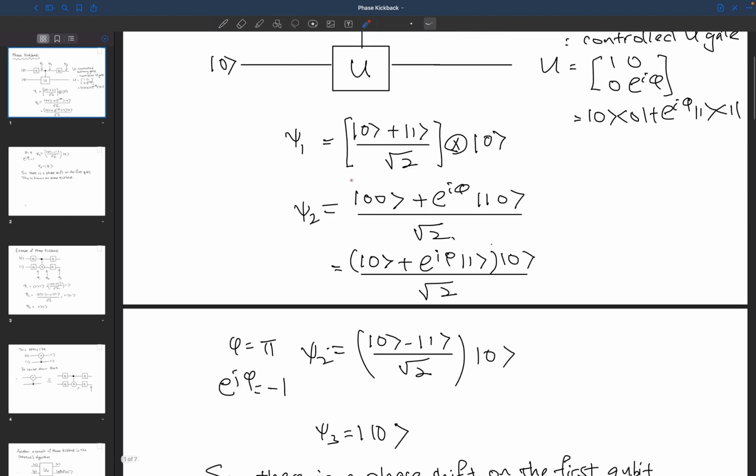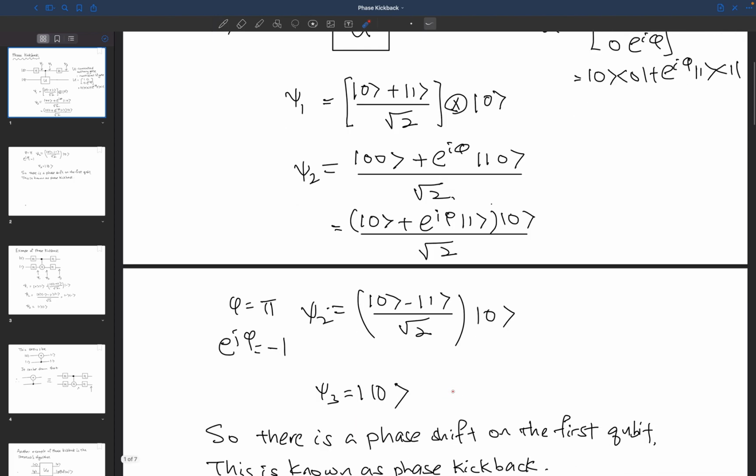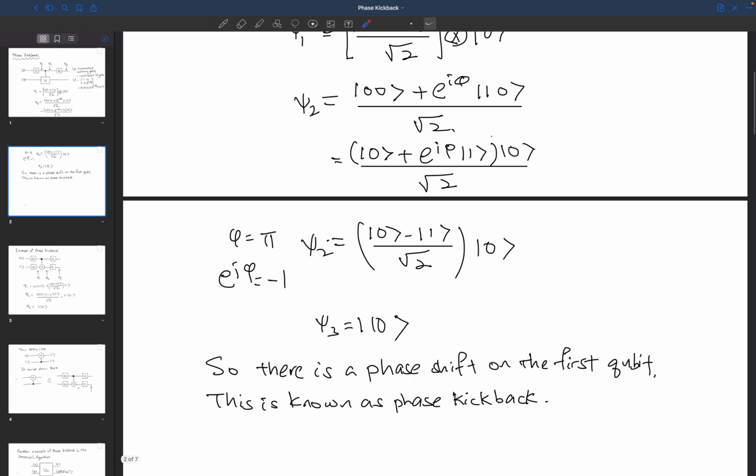So we can see that the first qubit has flipped from a plus to a minus. So this effect is known as the phase kickback.